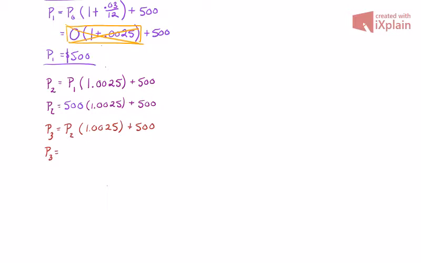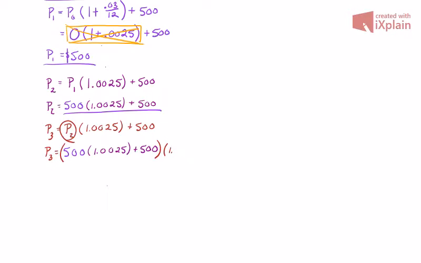So p sub 3 is going to be equal to that whole p sub 2. So I'm going to write this as 500 times 1.0025 plus 500. And remember, this replaces that entire variable for p sub 2.